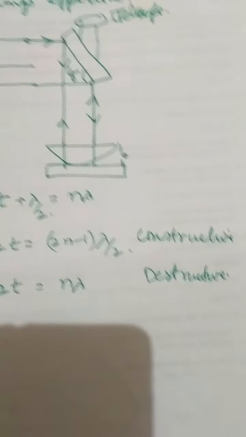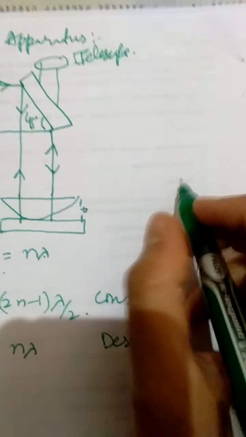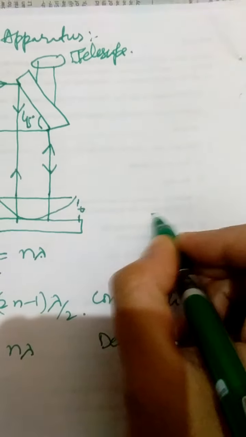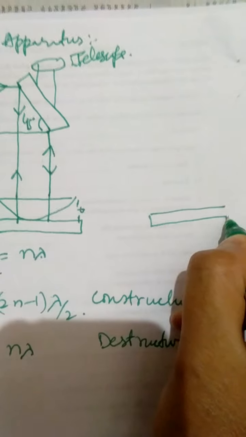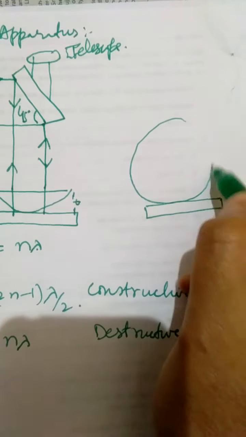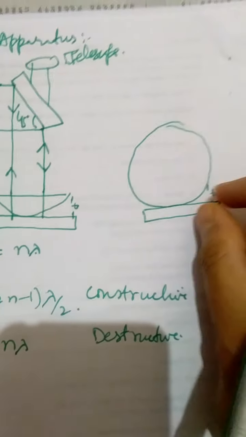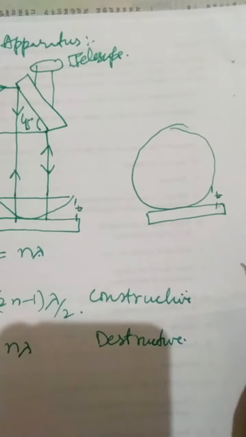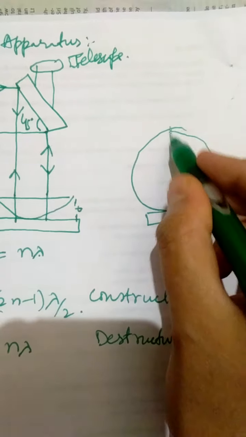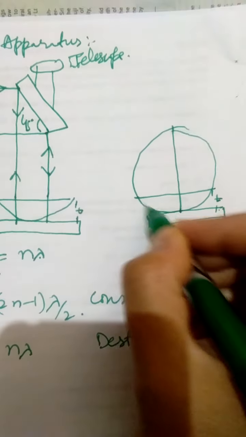Now let us try to elaborate this diagram a little more. Suppose we complete this circle. So we have a plain glass plate on which we had actually mounted this, and we complete the circle, right? The thickness of the air film that was trapped between the two was T, right? It was a plano-convex lens.